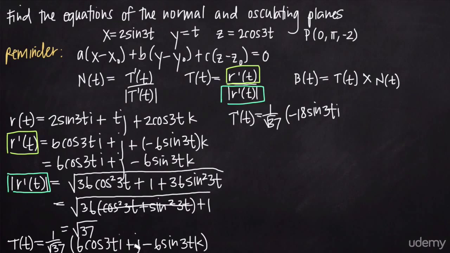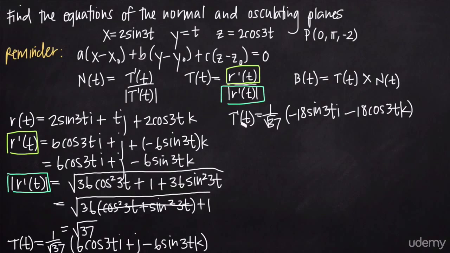The derivative of 1, the coefficient in front of our j term here, is just 0, so that's going to go away, plus 0j is going to become 0. And then here, the derivative of negative 6 sine of 3t, the derivative of sine is cosine, so we'll get cosine of 3t, but then we have to multiply by 3, so we're going to get minus 18 cosine of 3t times k, like this.